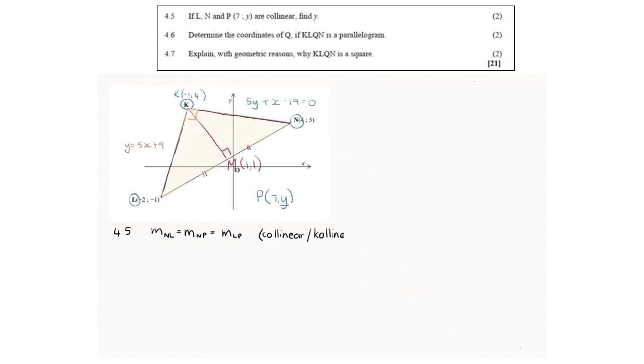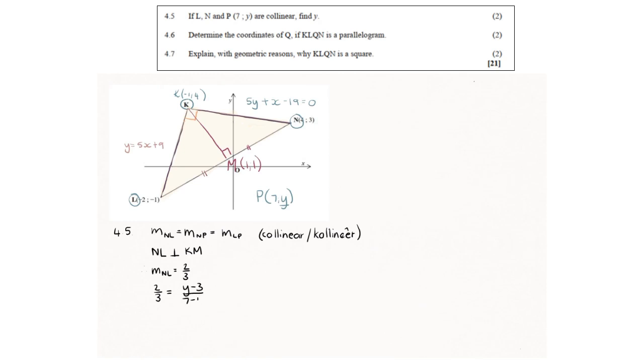In a previous question, we determined that the gradient for KM is equal to negative 3 over 2, and since KM is perpendicular to NL, the gradient of NL will be equal to 2 over 3. And now we put 2 over 3 equal to the gradient of NP, and the gradient of NP will be y minus 3 divided by 7 minus 4.